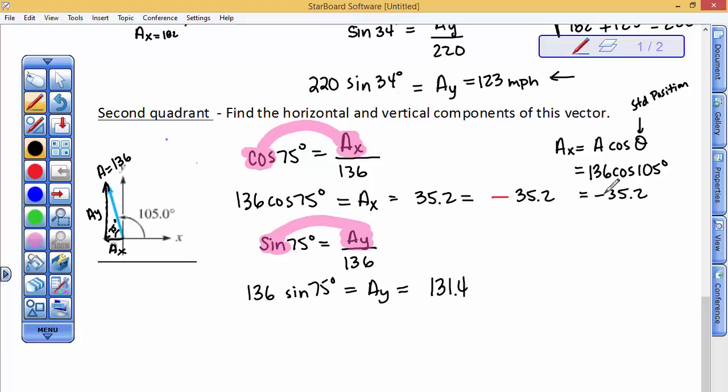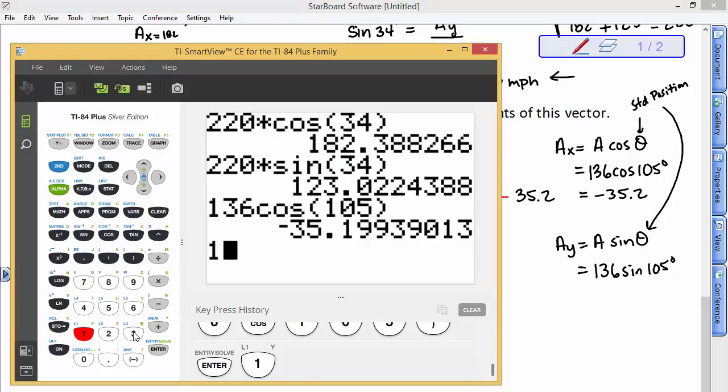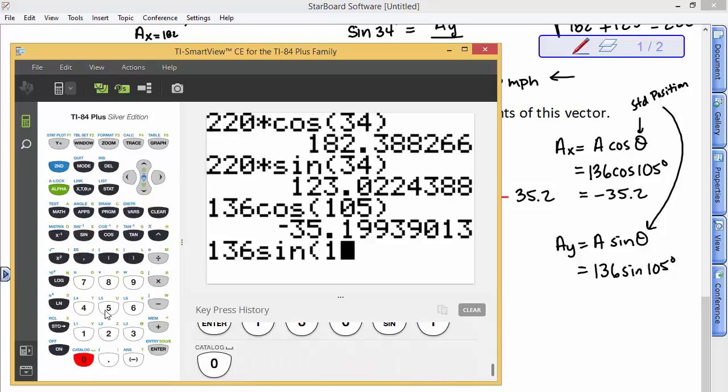But for the y component, when I take a times the sine of theta, again, theta in standard position, so in this case, 136 times the sine of 105 degrees, you get the positive answer you got before.